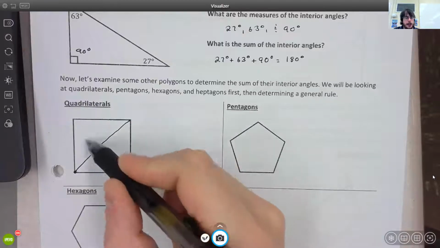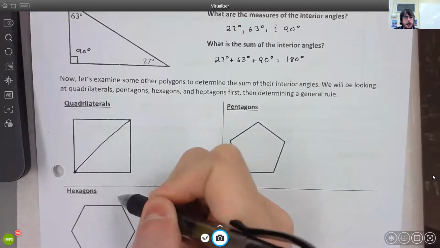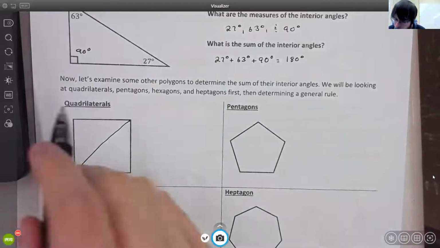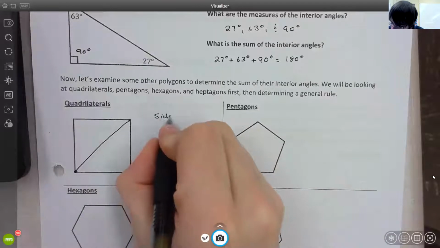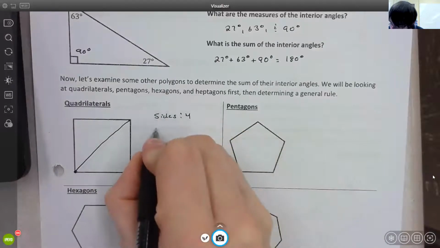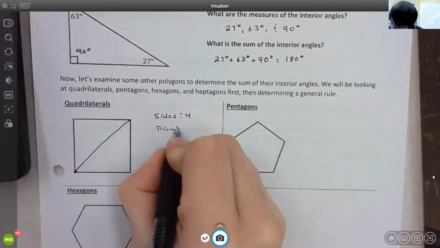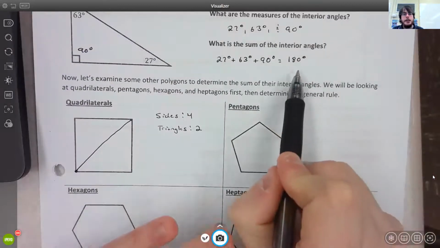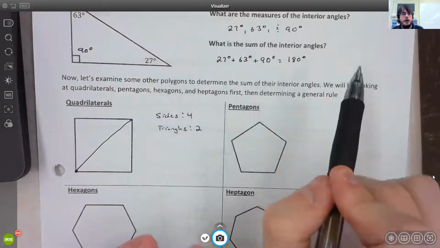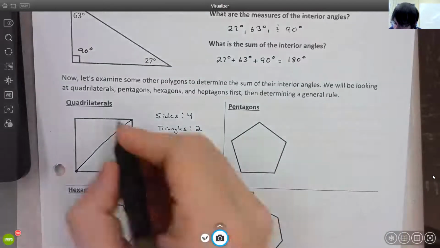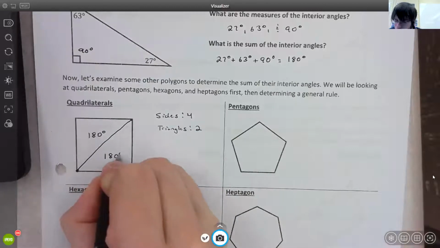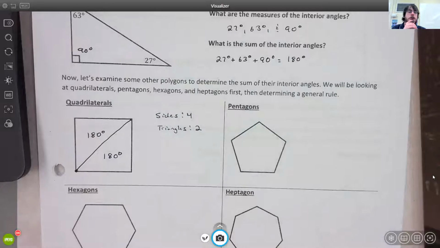Okay, there are two triangles here, and those two triangles are important because we know that we have four sides and we have two triangles formed here. And we also know that the sum of the interior angles of a triangle is 180 degrees. So both of those have interior angle sums that equal 180 degrees.